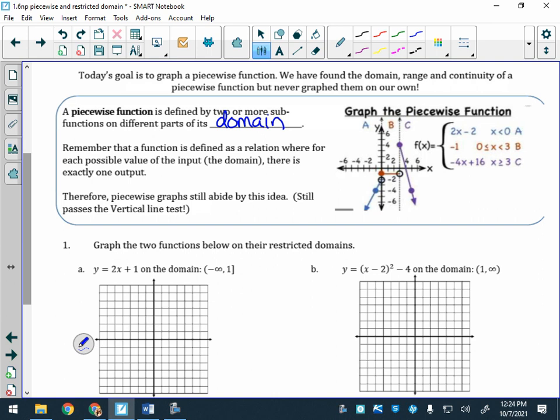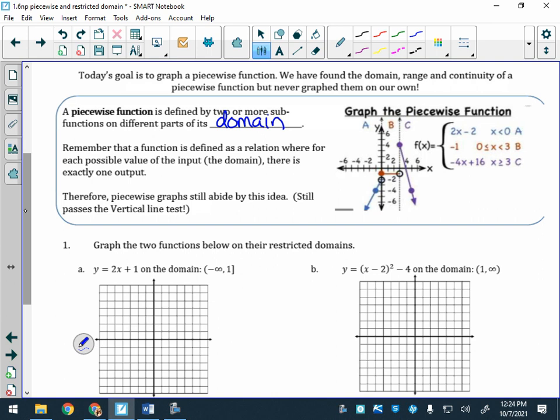Andrew? Rory. Right, there's no overlapping x because we have one open, one closed. If they were both closed, would it be a function?